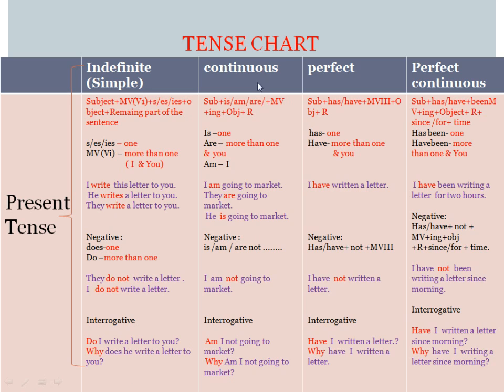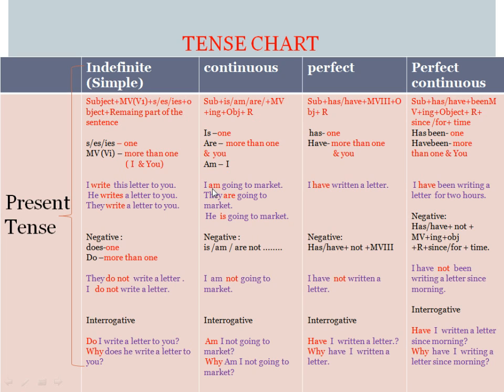In continuous means something is going on. Here are three helping verbs in present continuous tense. Is, are, am. Is for one, are for more than one, and you. Am for I. I am going to market. They are going to market. He is going to market. Am, are, is. These are according to their subject.